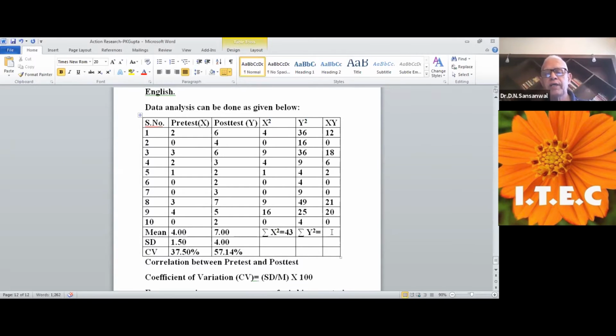So somebody should do this addition and let me know what value you are getting. And here I will have xy.